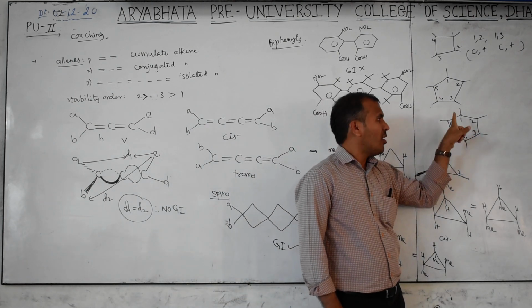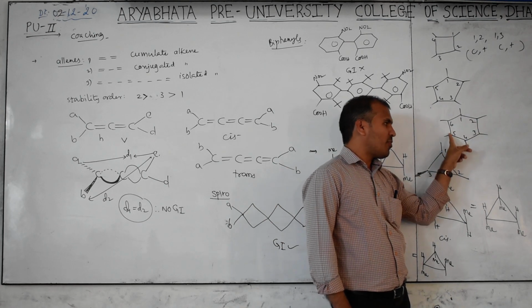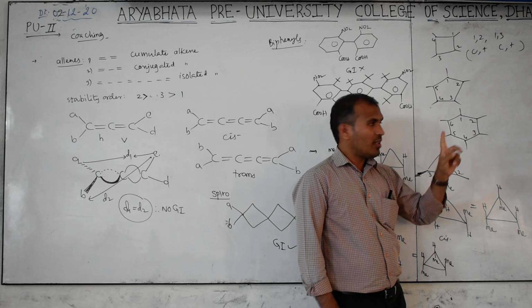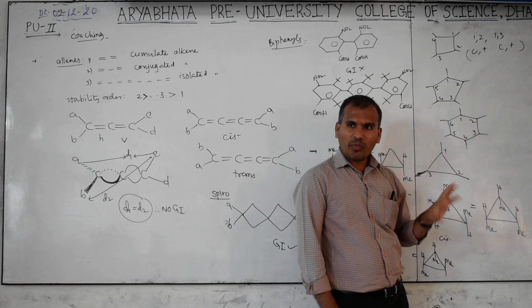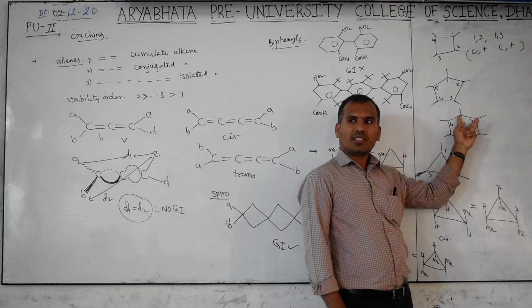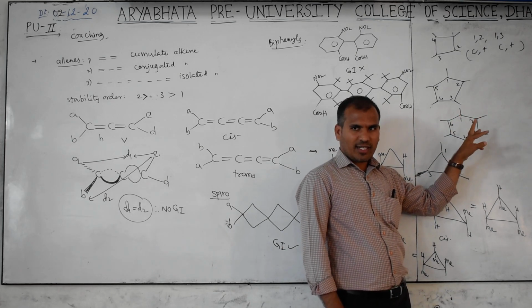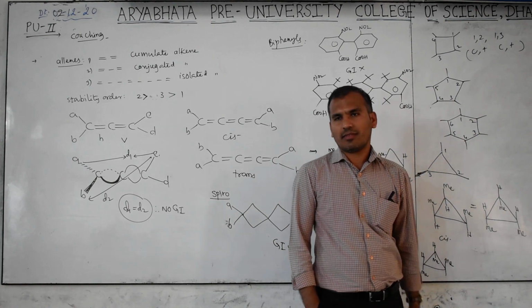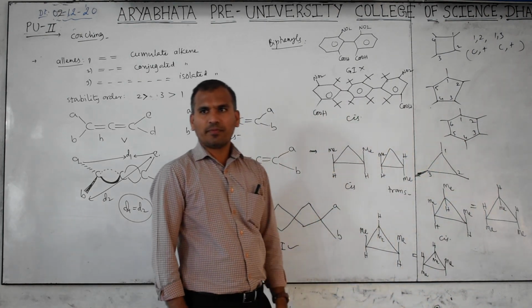One time answer, 1,3 possibility. 1,5 possibility same. Then 2 are there. Then 1,4 possibility. Total how many are there? 3. 1,2 cis-trans, 1,3 cis-trans, 1,4 cis-trans. Total how much? 6. Is that the answer?